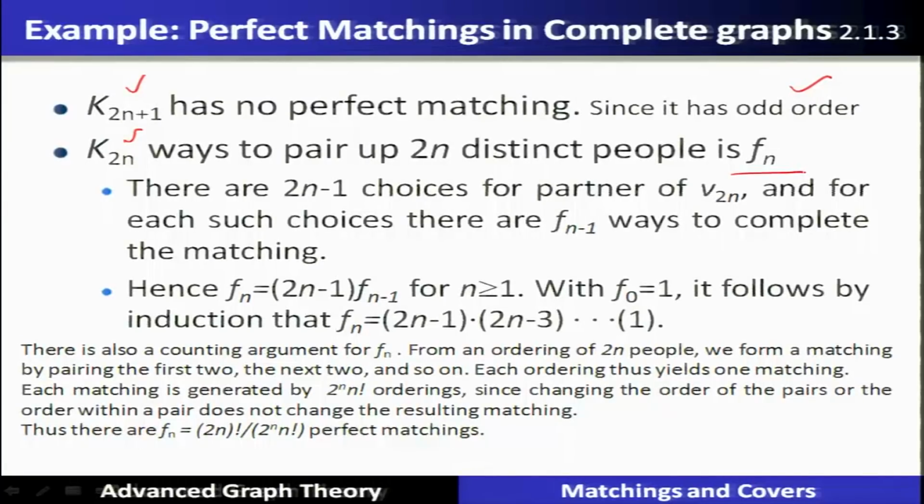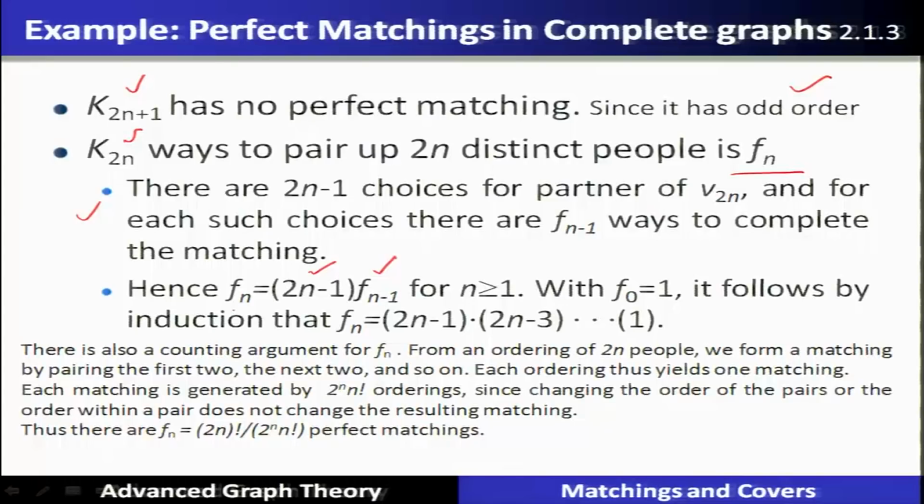For a particular vertex there are 2n minus 1 choices of partner, and for each such choice there are f n minus 1 ways to complete the matching. So, the first vertex will have 2n minus 1 ways to do the matching, and the next one will have the same recurrence on n minus 1 different vertices.